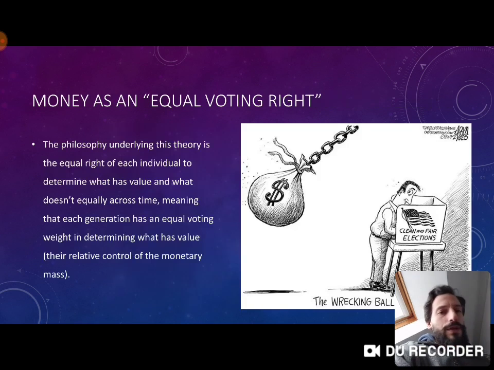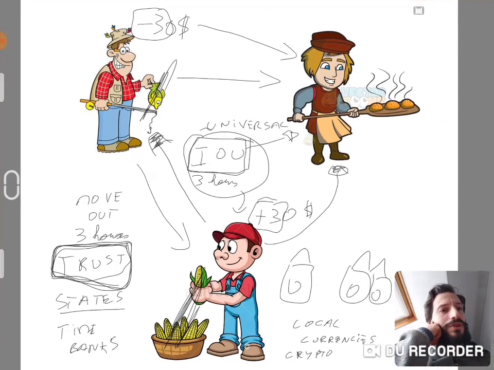Now, this brings me to the way that you consider money. Oh, by the way, I forgot to say one thing that's really important. This way of creating IOUs is called mutual credit.